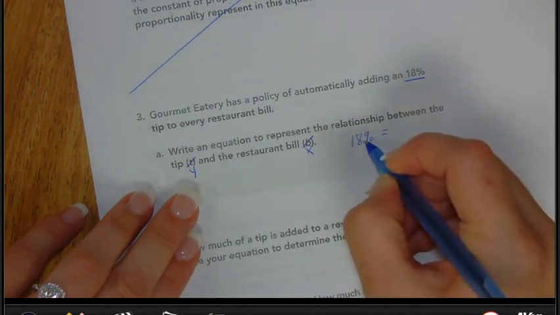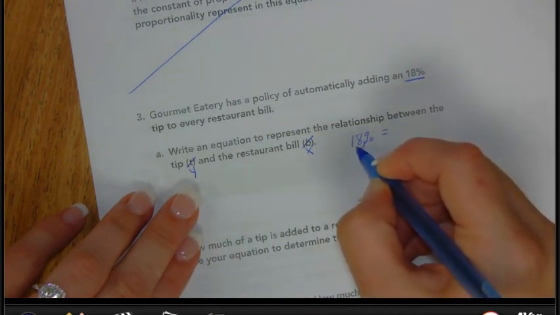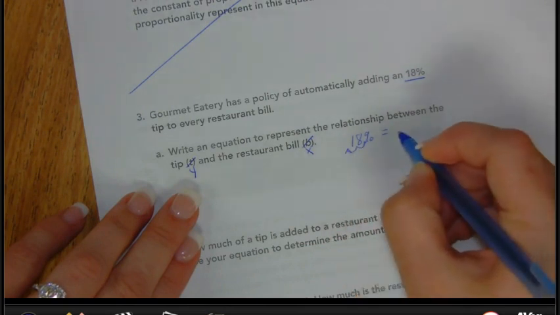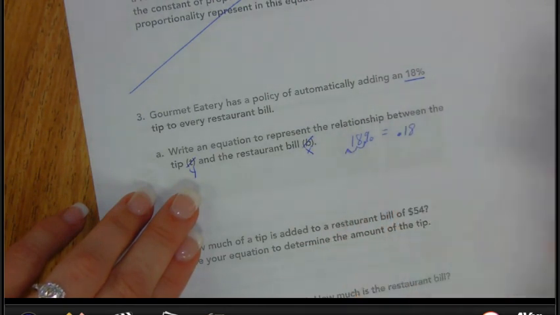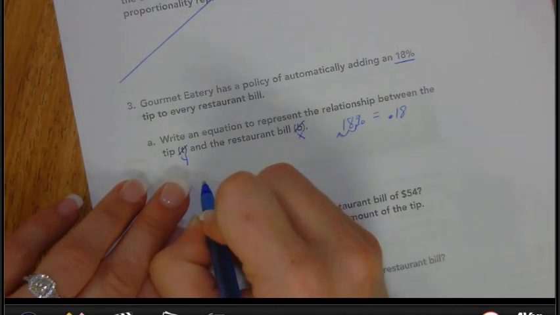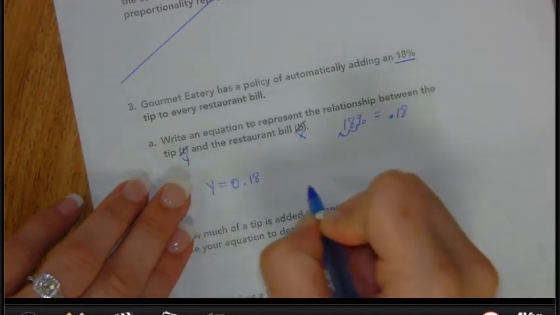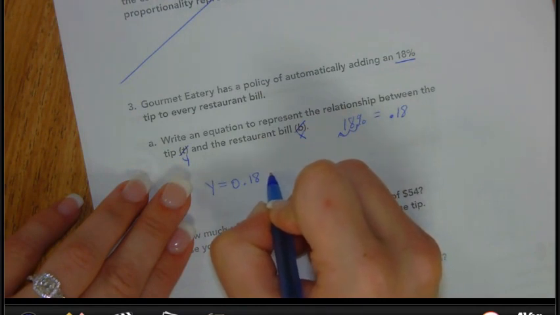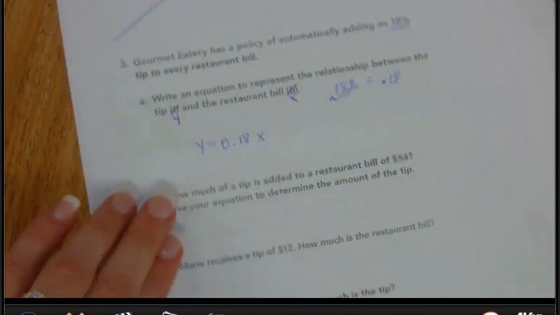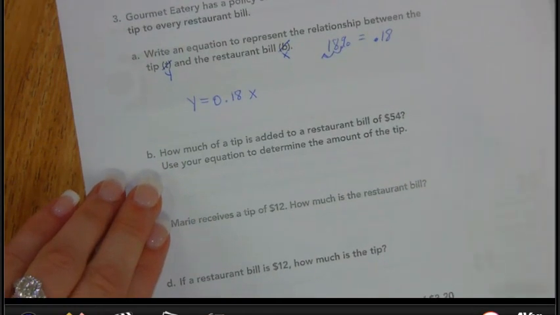Well, I'm going to take my decimal place here and I'm going to move it 2 times to the left to get from a percent to a decimal to have 0.18. So I'm going to have my tip is equal to my percent amount as a decimal, 0.18, times my total bill of x.